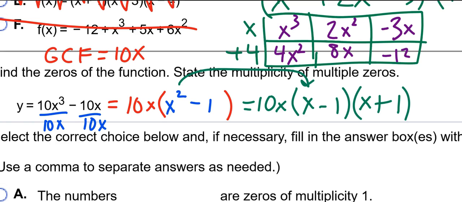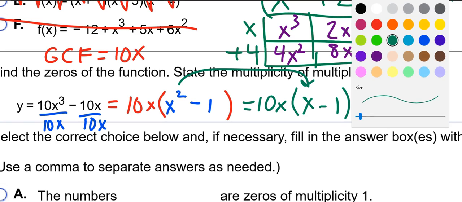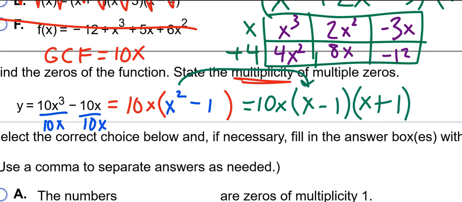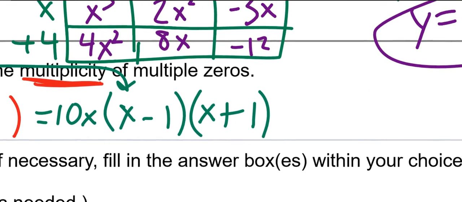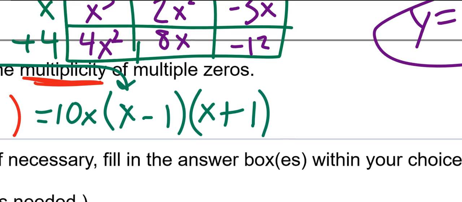Now, in this particular question, there's a word that we haven't talked about, and that word is multiplicity. It says, state the multiplicity of multiple zeros. Now, it should say of all zeros. Let's just get rid of that. Once you understand the definition of multiplicity, that sounds a little misleading.